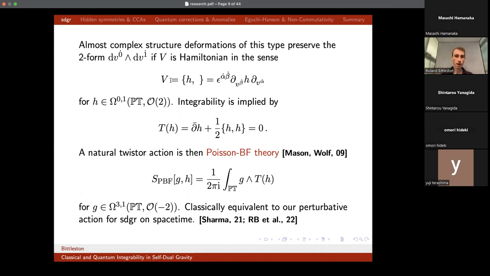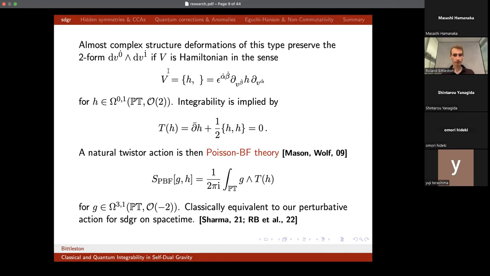And then I'm just going to require that this Beltrami differential is Hamiltonian for some (0,1)-form H, but I want my Beltrami differential to be weightless. I don't want it to transform in some funny bundle over the P1. And so what that means is I have to twist this Hamiltonian H by the bundle O(2) to compensate the twisting of the bracket. And then the v is just an ordinary honest Beltrami differential.